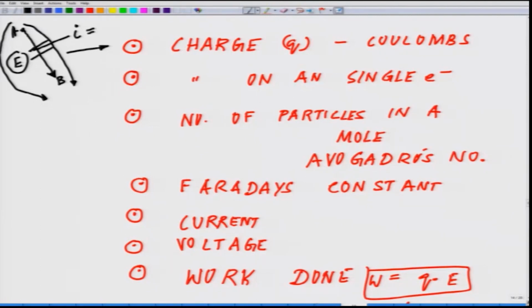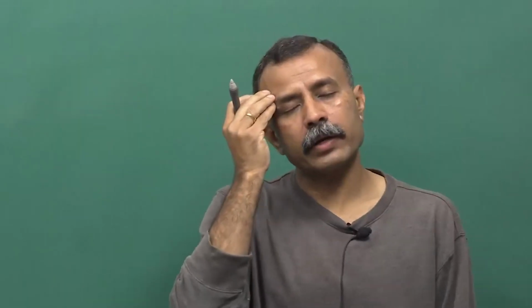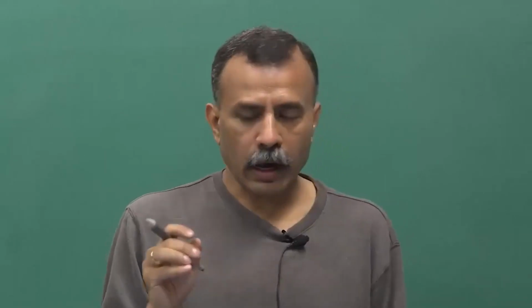If you recollect where we ended the last class, I told you, relating Coulomb's charge to the quantity of reaction, or in other words the amount of reaction which has happened. Similarly, relating current to the rate of reaction. So, these two fundamental things are of extreme value, and a complete understanding of this basic concept is what I expect you people to have once and for all.